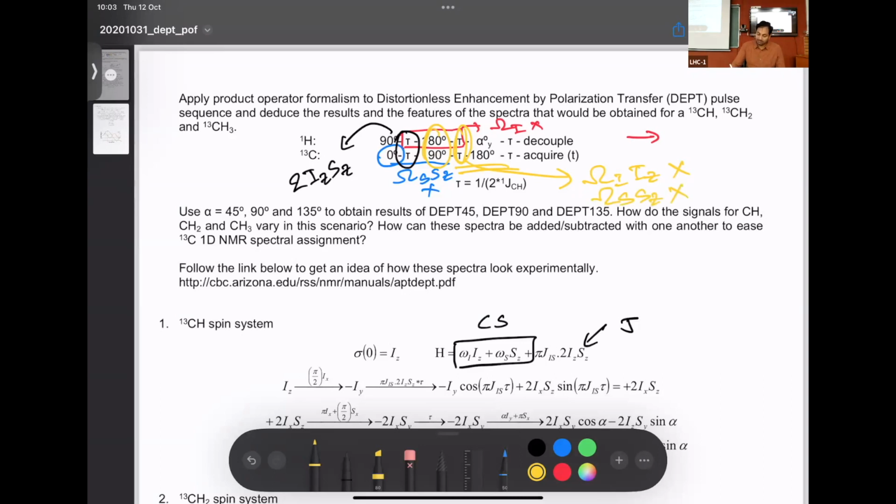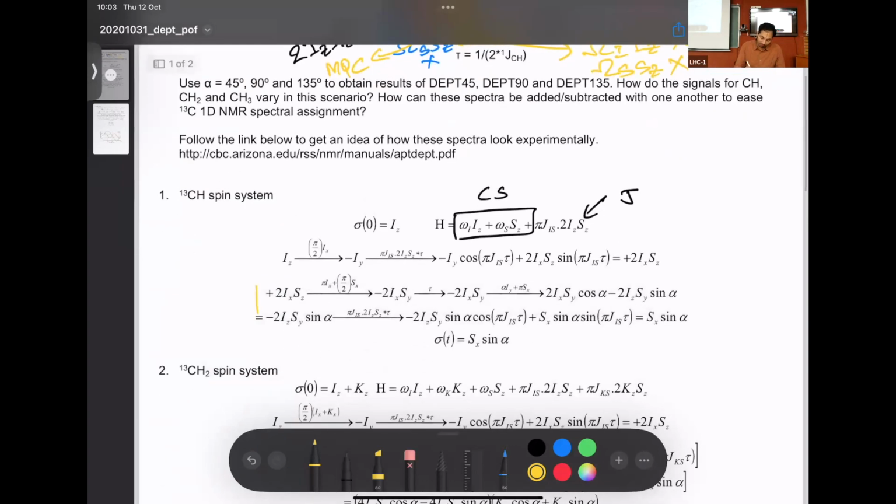Interestingly, the only other thing that's remaining at this point of time is 2 pi J IZSZ, which during this portion we started off by trying to say will evolve. But you will see that after the application of these two pulses, you have created a multiple quantum coherence, which is of the form of 2IXSY. So therefore, during this tau period, neither proton chemical shift, nor carbon chemical shift, nor the scalar coupling will evolve. So keeping things same.